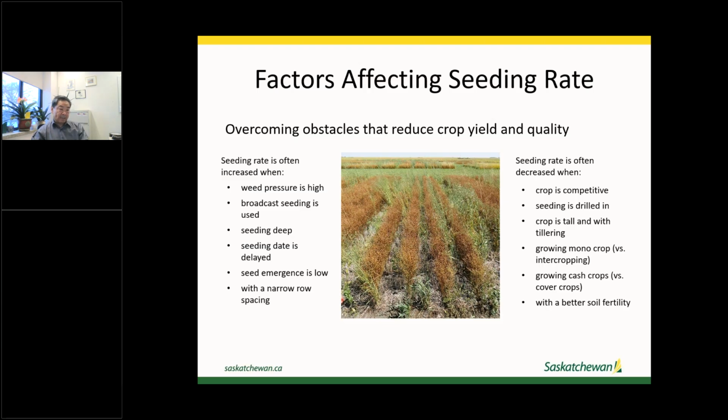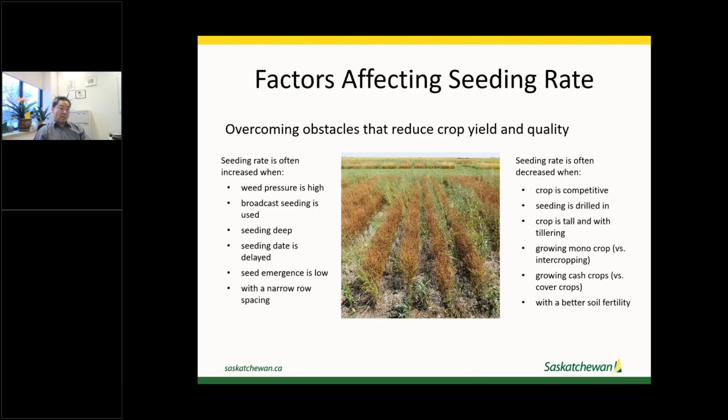On the other side, if you are growing a very competitive crop, seed your crop early, and use a drill instead of broadcast, you may reduce the seeding rate. If you grow a cereal cultivar that grows quick and tall with capacity for tillering, you can also reduce the seeding rate.